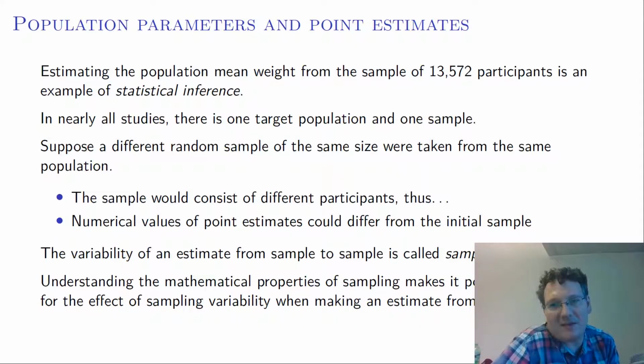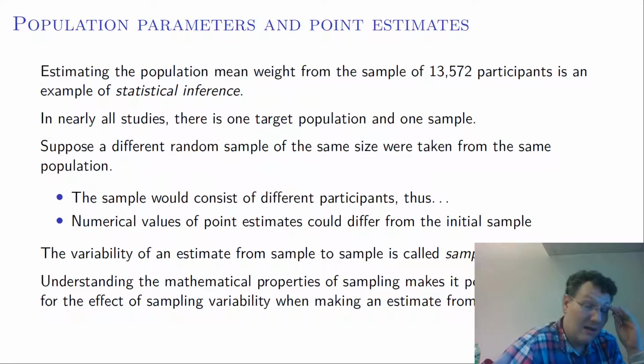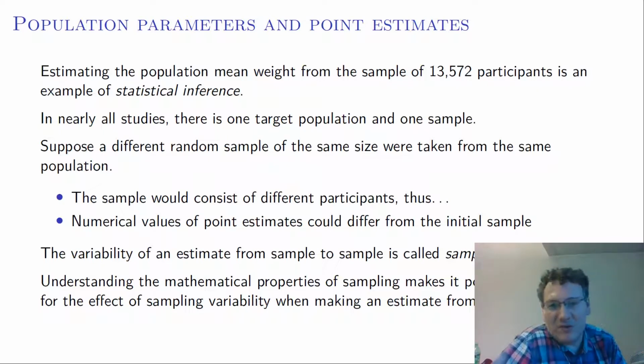So 13,000 individuals, but the population is 2.1 million, right? Suppose in an alternate reality, we were to have sampled a different 13,572 people. Every sample of 13,572 people would have resulted in a slightly different sample mean, maybe quite largely different, but a different sample mean. Every sample we could have drawn would have given us a different sample mean.